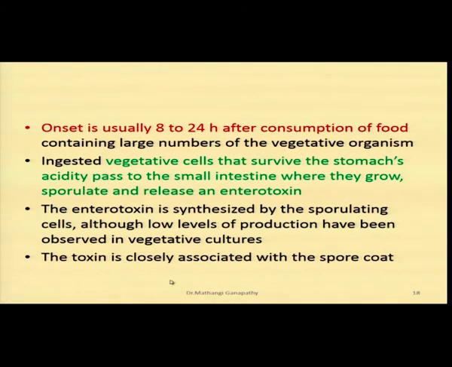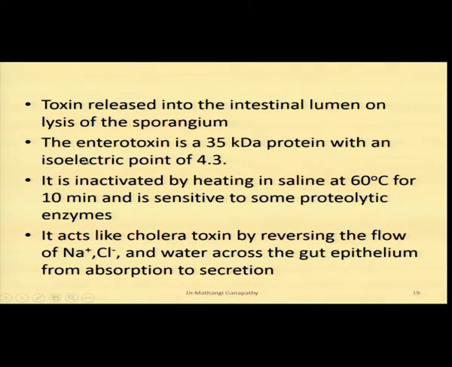And normally this toxin is closely associated with the spore coat, and the toxin is released into the intestinal lumen on the lysis of the sporangium. This enterotoxin is a 35 kilodalton protein with an isoelectric point of 4.3. This toxin can be inactivated by heating in saline at 60 degrees centigrade for 10 minutes. It is sensitive to certain proteolytic enzymes also.